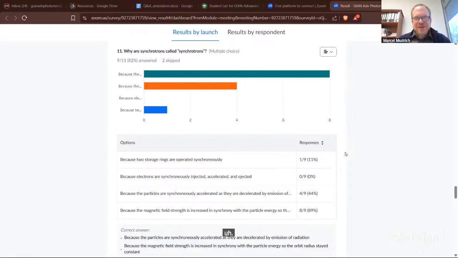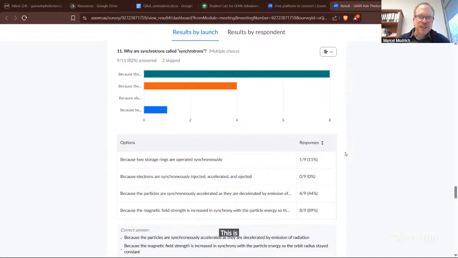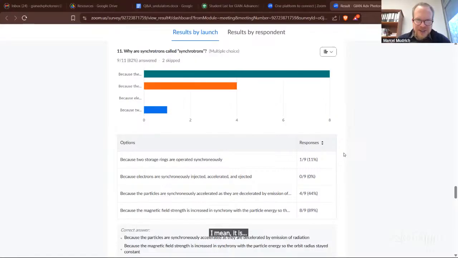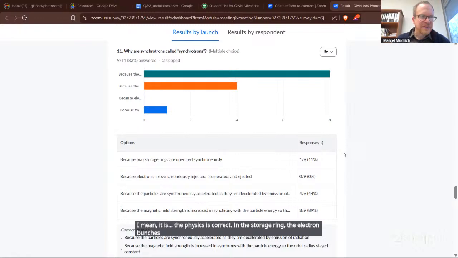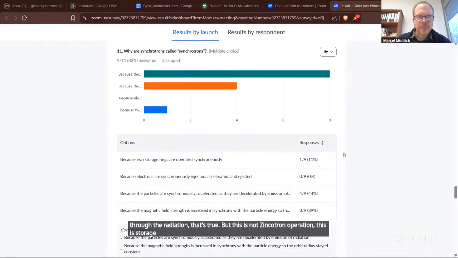Answer C, because particles are synchronously accelerated as they are decelerated by emission of radiation, is what's happening in the storage ring, but this is not what is meant by synchrotron operation. The physics is correct: in the storage ring, the electron bunches are constantly accelerated because they constantly lose energy through radiation. But this is storage ring operation, not synchrotron operation.